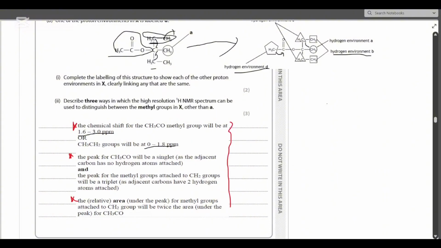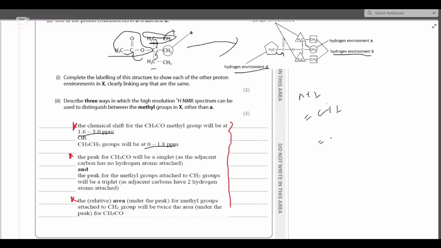You can also distinguish it by checking the peak for CH3CO, which is going to be a singlet, because we can very clearly see that the adjacent carbon to which it is attached has no hydrogen atoms attached to it. So according to the n plus 1 rule, 0 plus 1 is going to be 1. So it's going to be a singlet for these three protons right here.